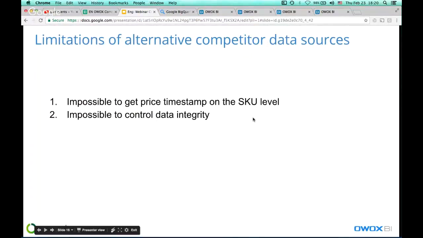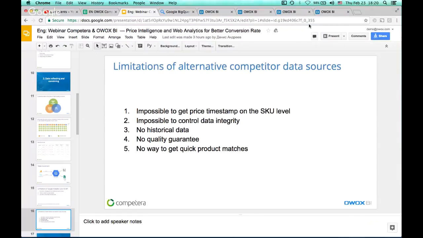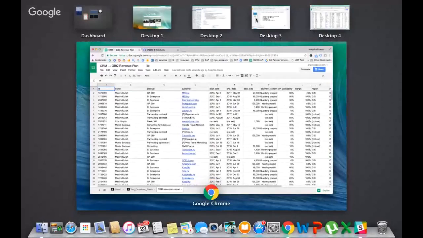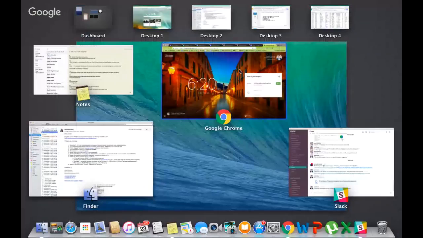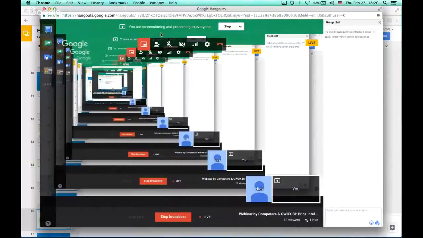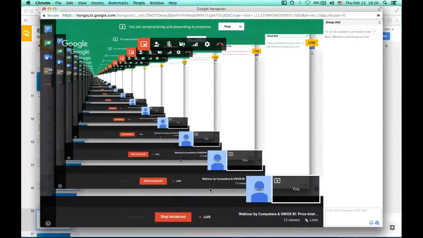The second point is that it is impossible to control data integrity with an alternative source of competitive data. What is meant by data integrity? If we refer to price comparison websites, we are not confident about whether the item is not available at all or it is out of stock.